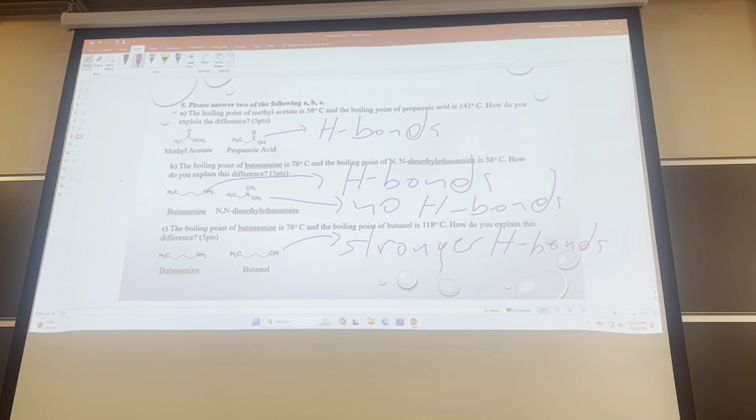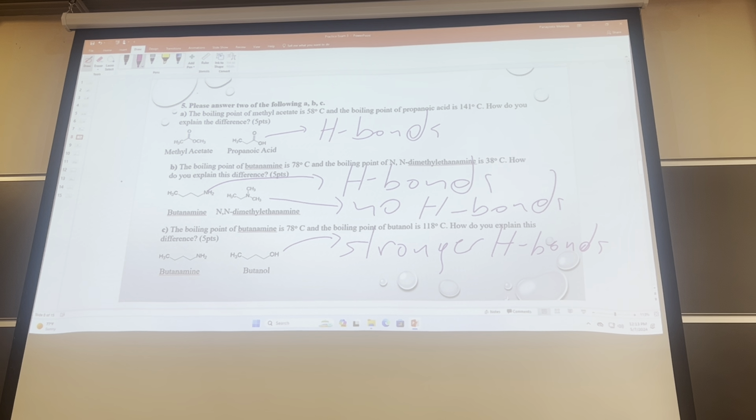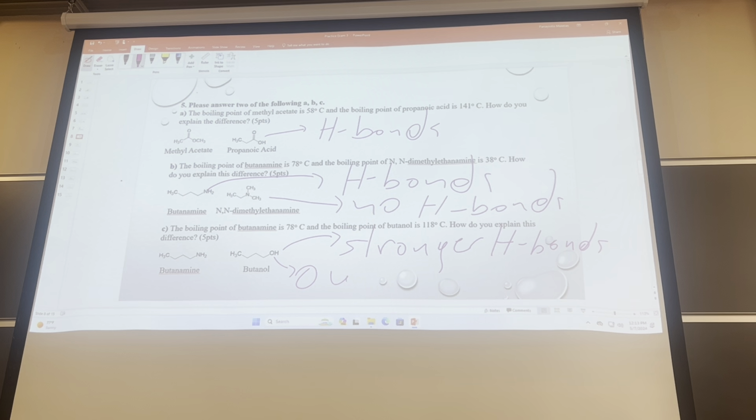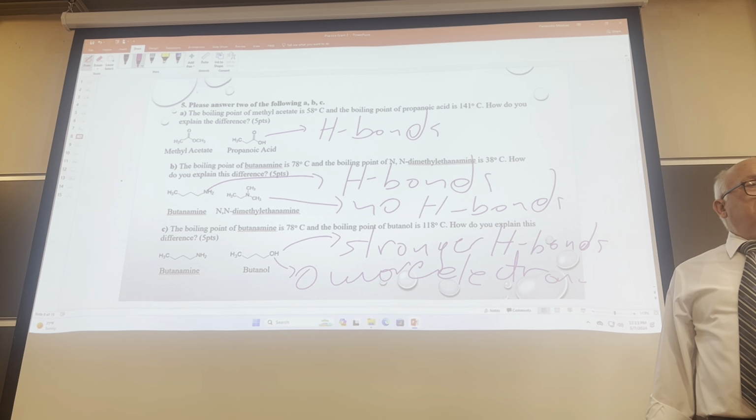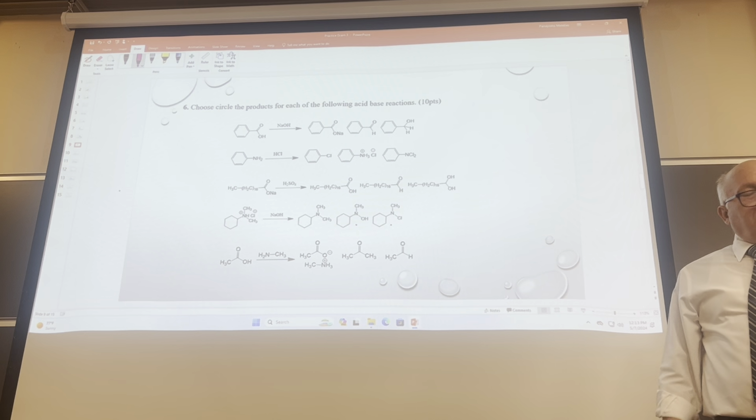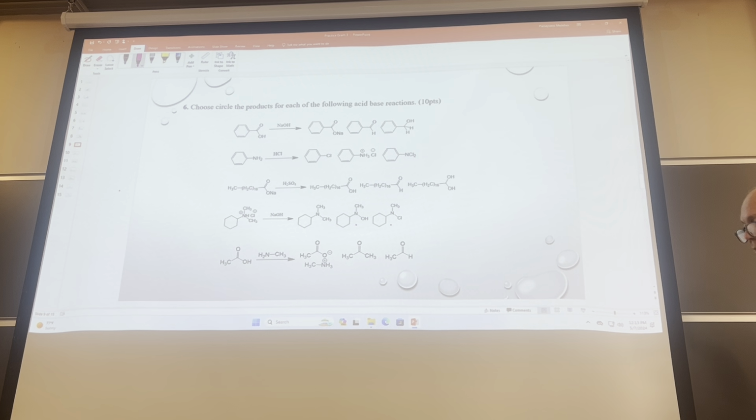Why does it make a stronger hydrogen bond? Oxygen is more electronegative. To get all points, you need to write both. The oxygen is more electronegative, therefore the alcohol makes stronger hydrogen bonds, therefore the attractive forces are larger and so forth.